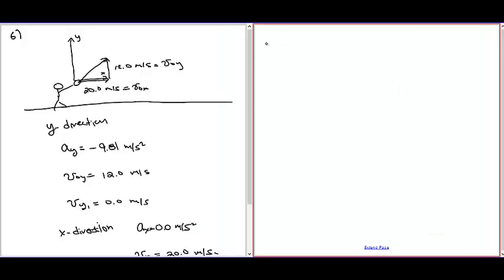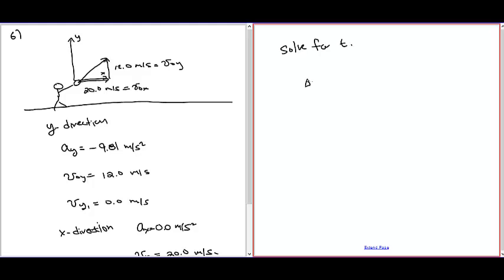So we're going to do the y direction, and the first thing they're asking for is that our two unknowns are delta y and t. So they're asking us to solve for t, and the question is which equation do we want to use?